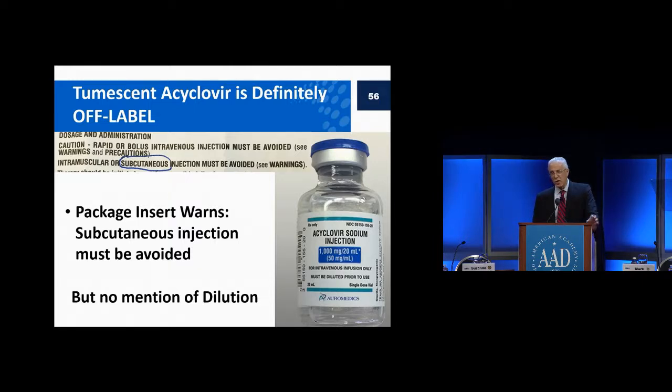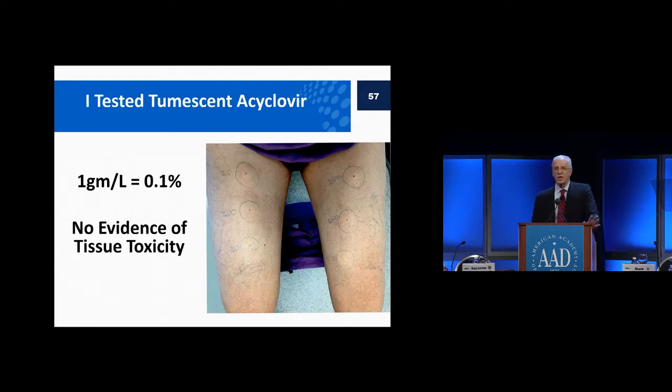And I injected myself with 1/10 of an ml of the solution several times, and no problem. And then over a series of days, I did 1 milliliter, then 3 milliliters, then 10 milliliters, and 30 milliliters. And there was no evidence of any toxicity.